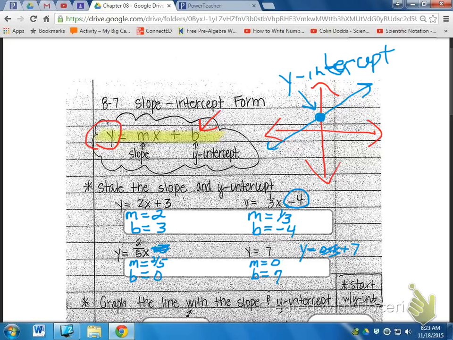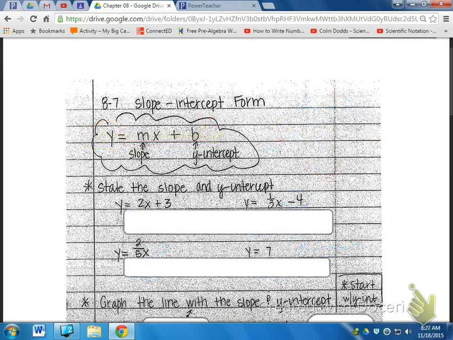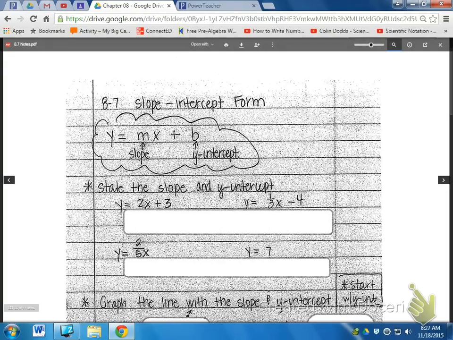So you will have to identify the slope and the y-intercept from this form. The slope is in front of your x. The y-intercept is the constant term at the end. Questions about that? All right, now we're going to use that information to graph lines.